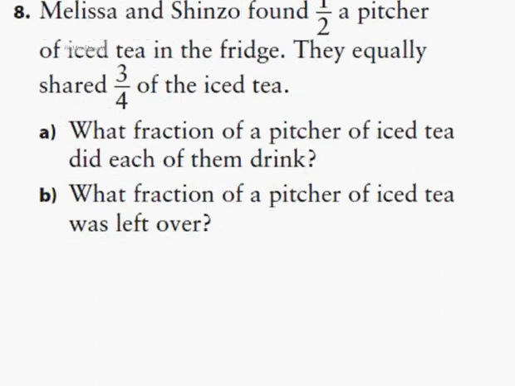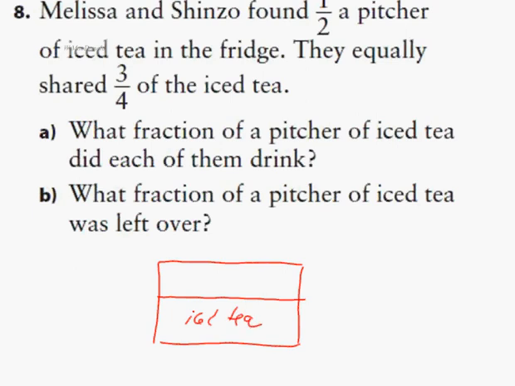So I'm going to draw the pitcher of iced tea. And I'm going to draw it wide. And I'm going to say this is iced tea. And they shared this equally. They shared 3/4 of whatever that was in. So they shared 3/4 of the half pitcher of iced tea.